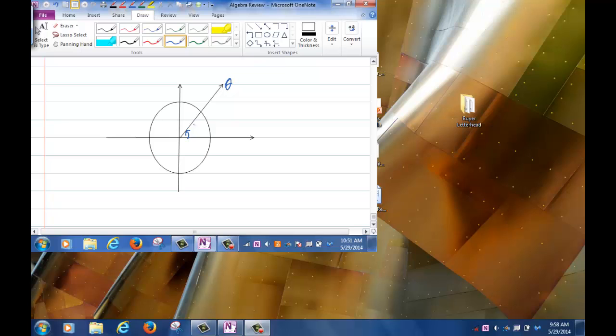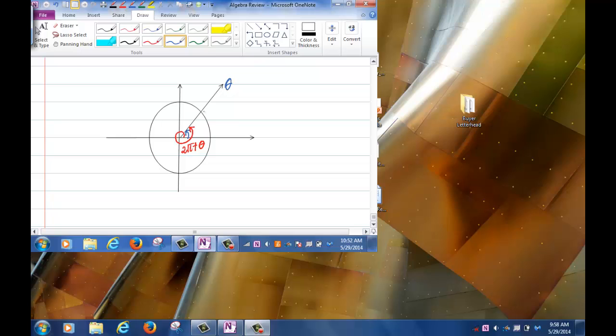Do you realize that if I add 2 pi and then come back here, what is that angle? That angle is 2 pi plus theta, right? So notice that 2 pi plus theta and theta, they have the same terminal side, right?